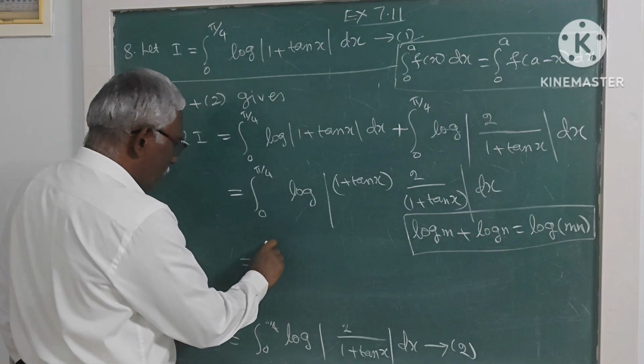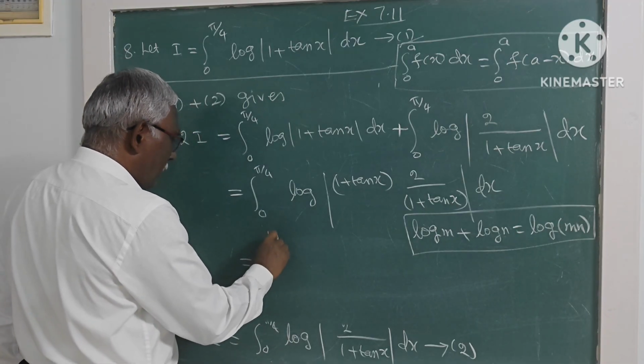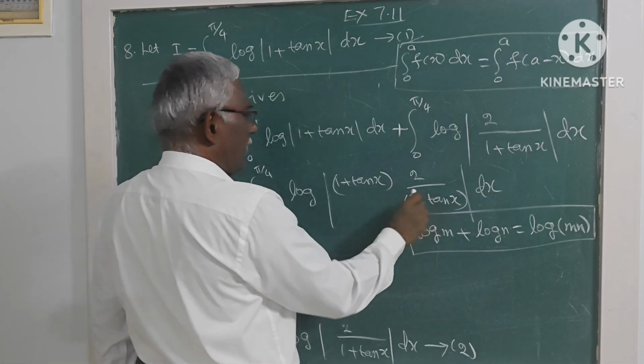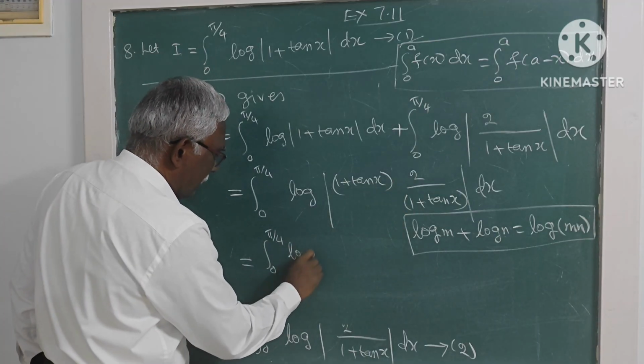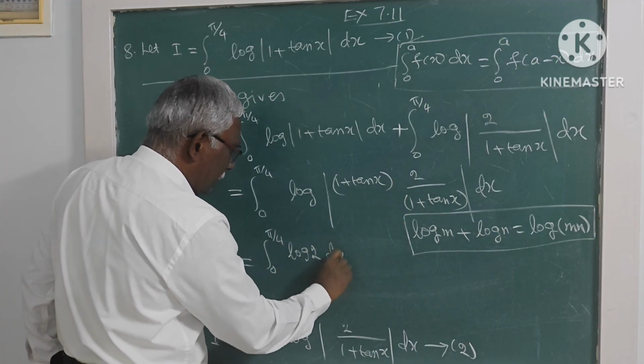Now this is equal to integral 0 to pi by 4, it will get cancelled and we are left with log 2 dx.